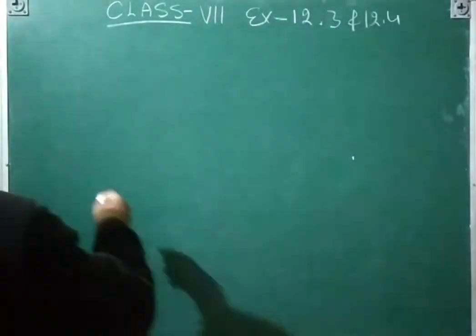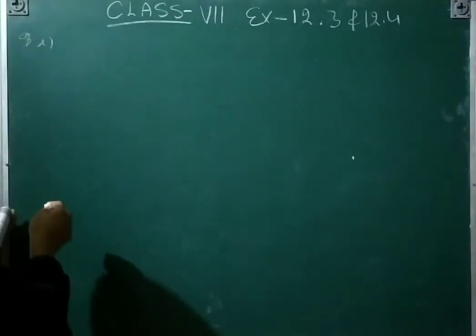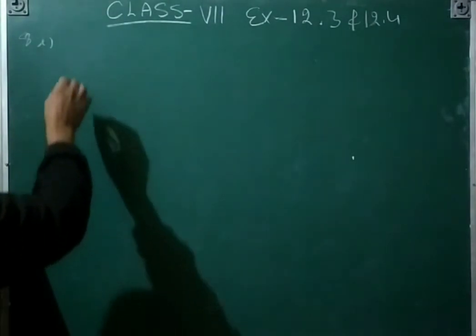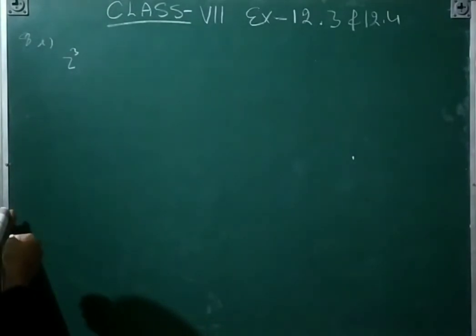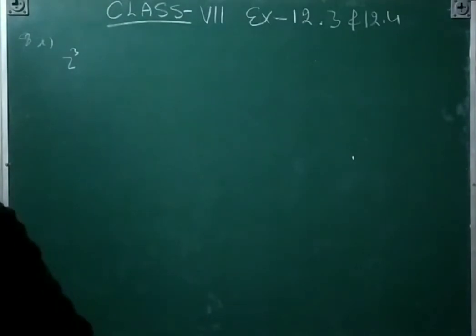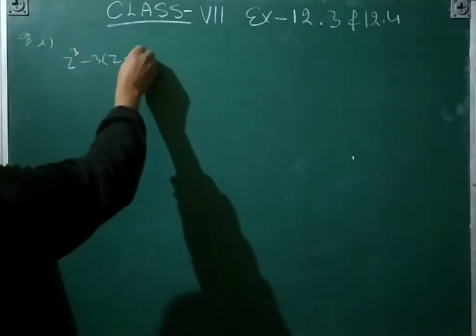And then the eighth question, first part, the z value is given there. So z cube minus 3z minus 10.